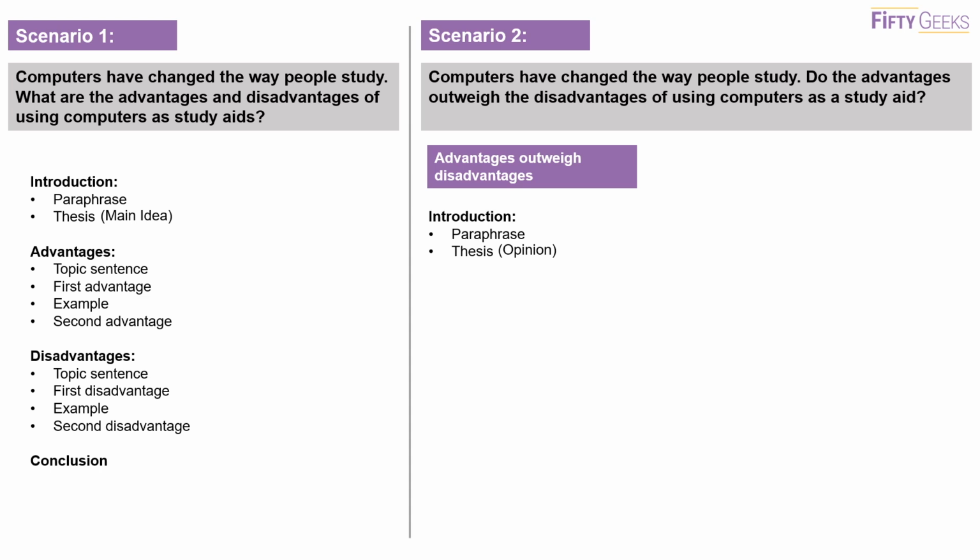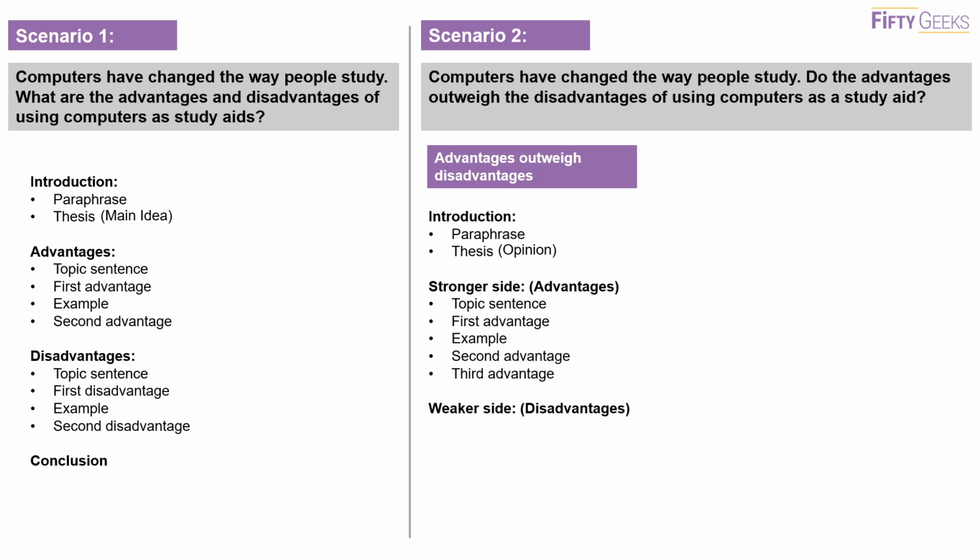After that, we will write the stronger side where we have to write a topic sentence, 3 advantages, and 1 supporting example. Then on the weaker side, we need to write a topic sentence, 2 disadvantages related to the topic, and 1 example. Finally, we will write a conclusion.